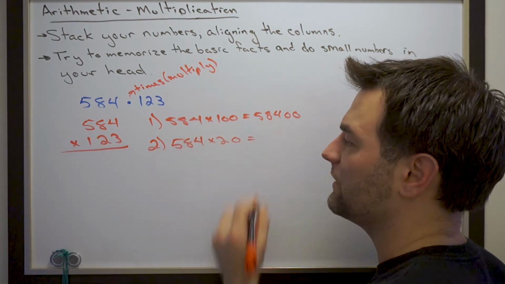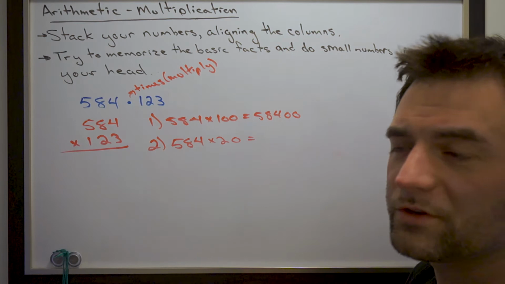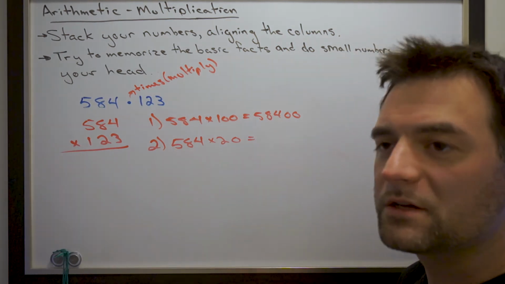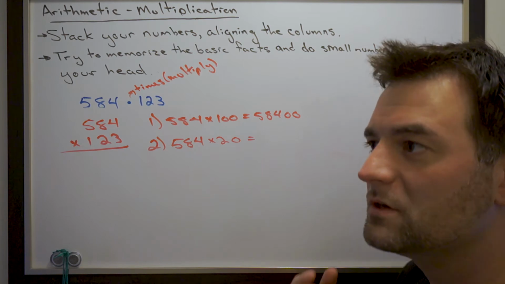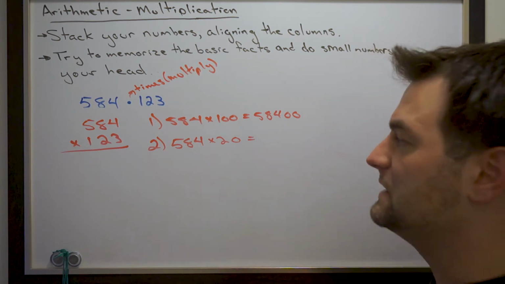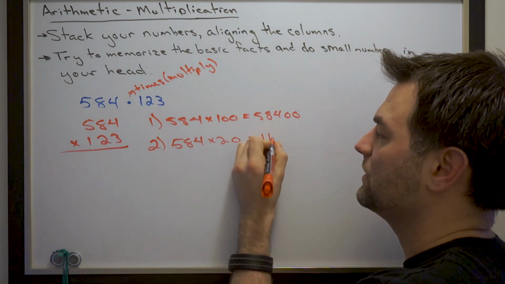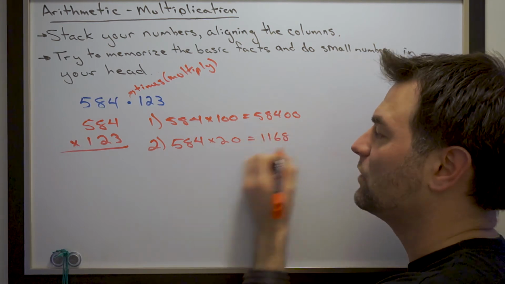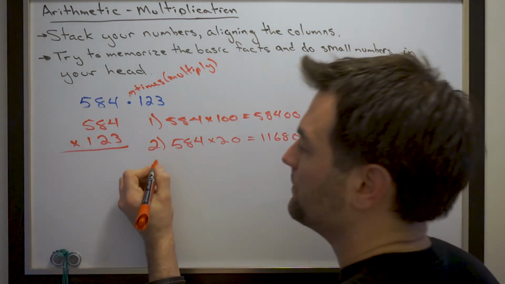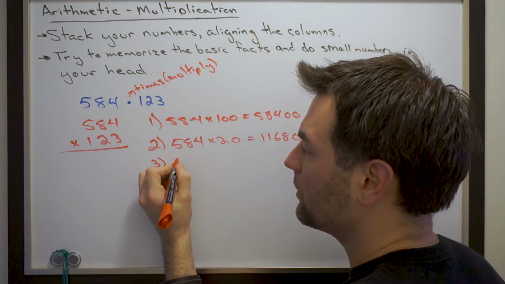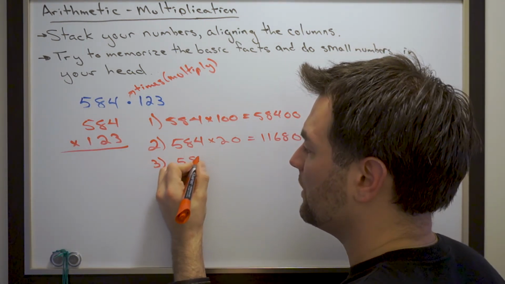So we're just doubling everything. So double 500 is 1,000, double 80 is 160, and double 4 is 8. So we got 1,168. But it was a 20, so we got to tack that 0 on the end there. So 11,680.